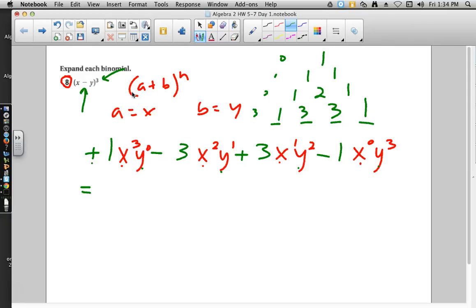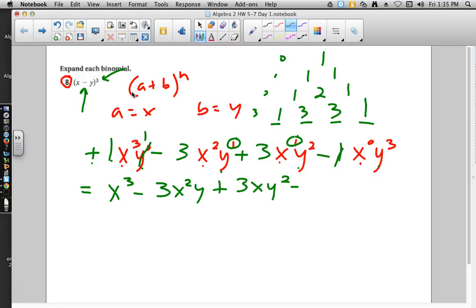We don't need the plus, we don't need the 1, we don't need the y to the 0 because that's 1. We need the x to the third. And then we don't need this little 1 for the power in the second term, so minus 3x squared y plus. We don't need this little 1 in the third term, so 3xy squared minus.